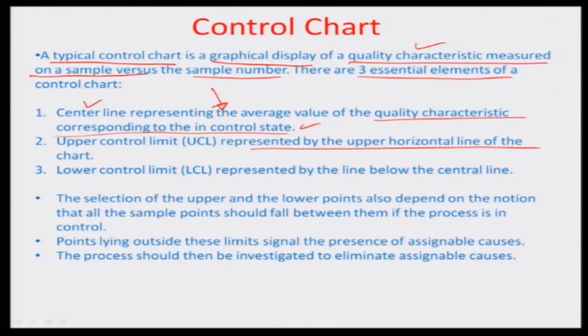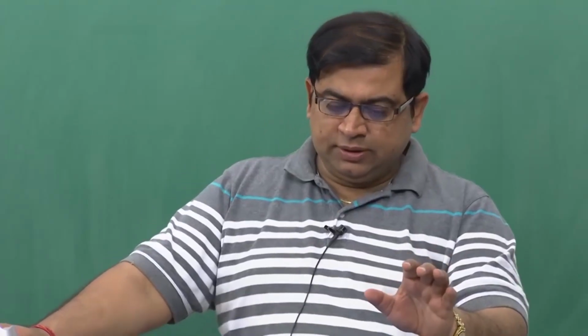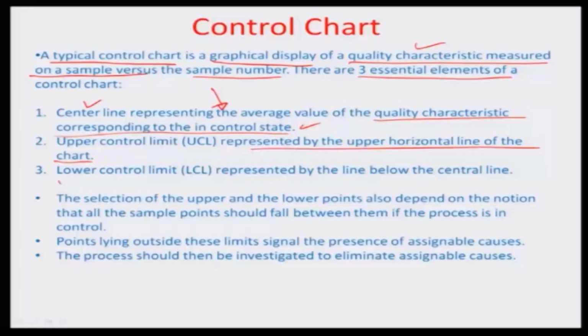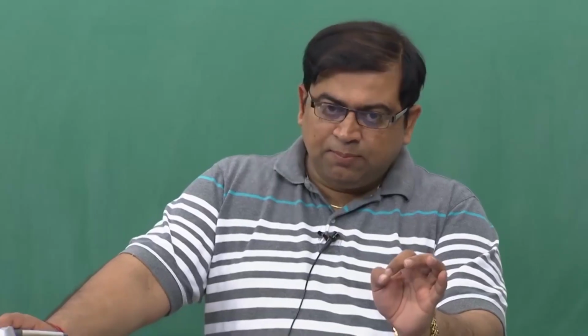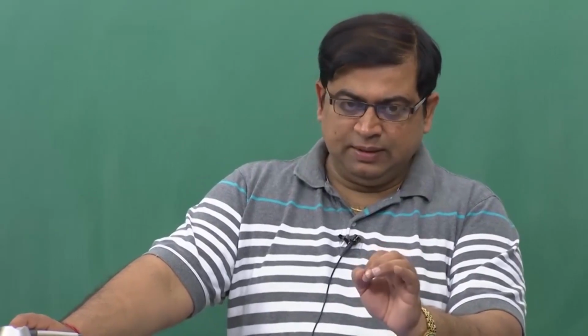Then you have an upper control limit, represented by an upper horizontal line parallel to the center line of the chart, which represents the deviations from the average present in the distribution. And then there is of course a lower control limit as well, represented by a line below the central line. You have to clearly understand that this is related to the process variation or process capability.